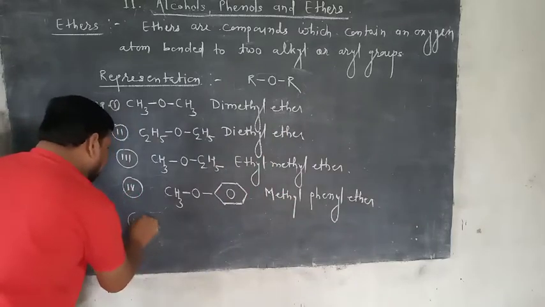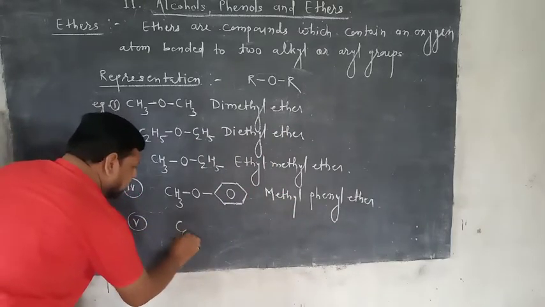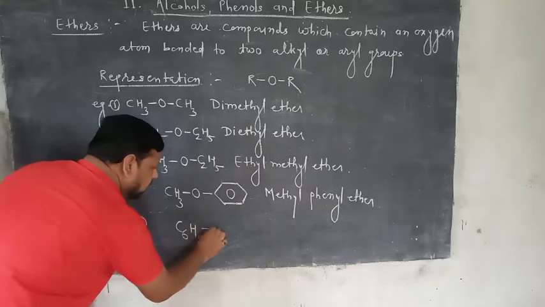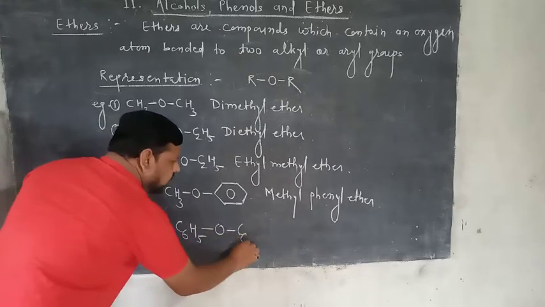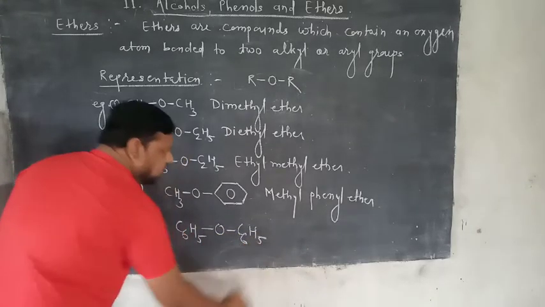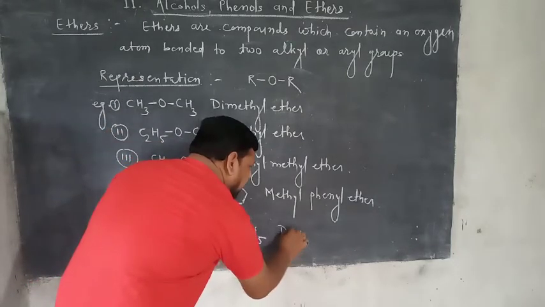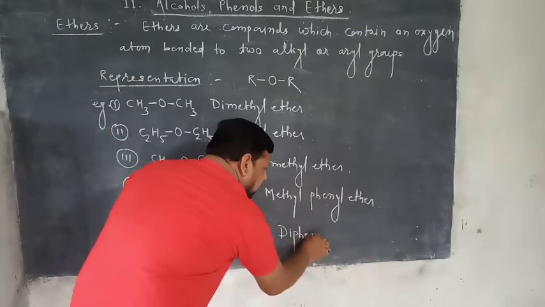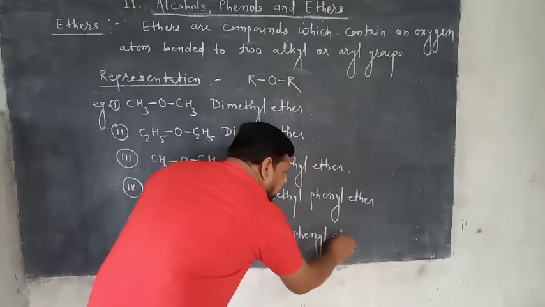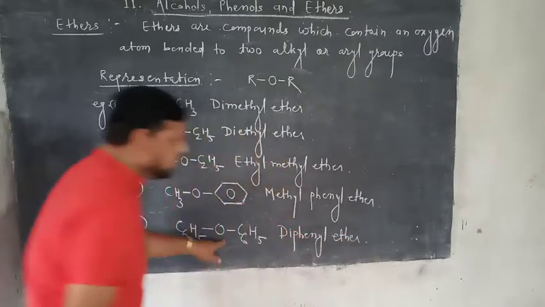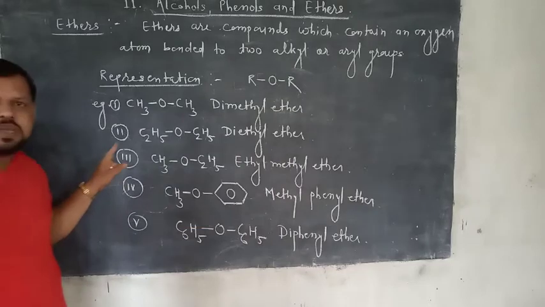Another example is C6H5OC6H5, and the name of this compound is diphenyl ether. These are the examples of ethers.